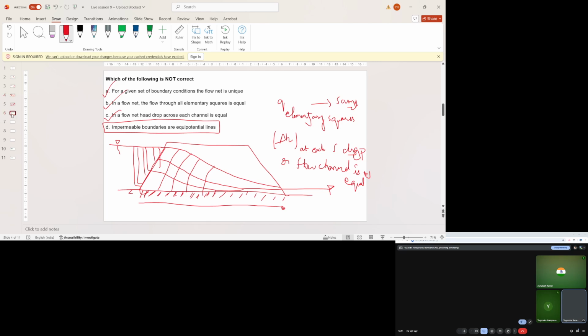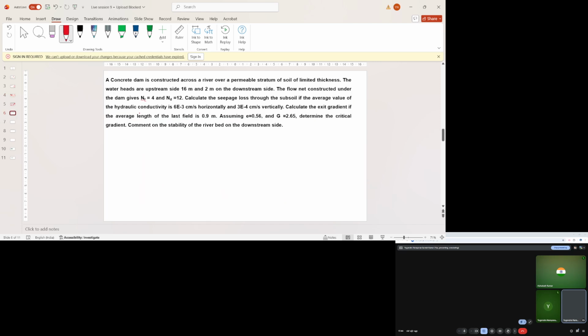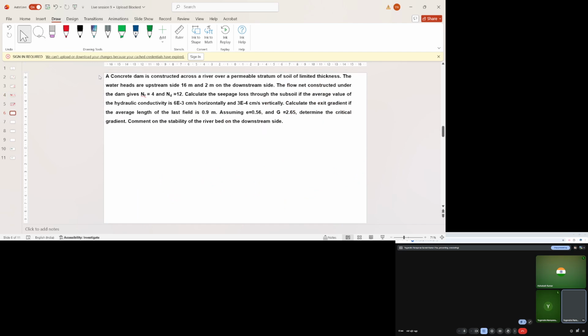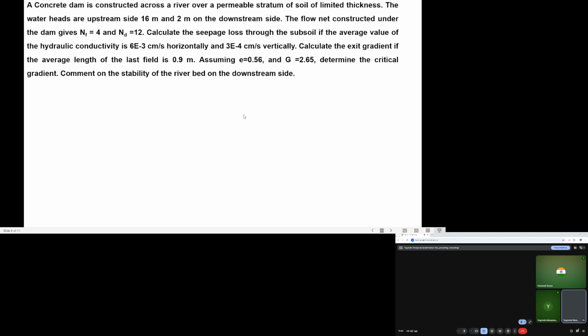Let us do it together. All right. Yes. So now initially, the first step is to draw the diagram.